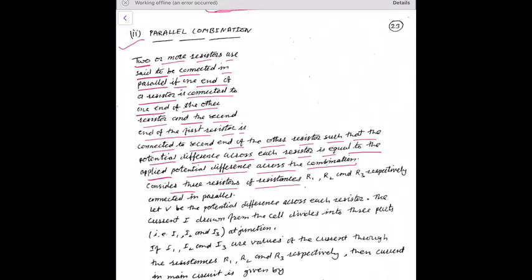Consider three resistors of resistances R1, R2, R3 respectively connected in parallel.